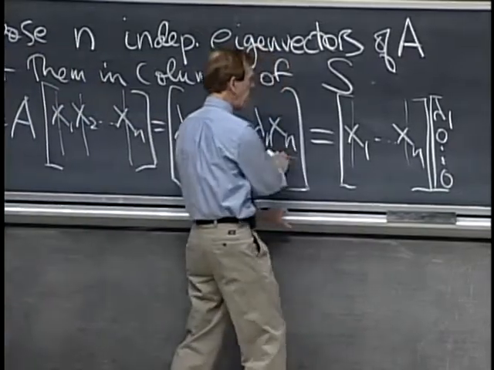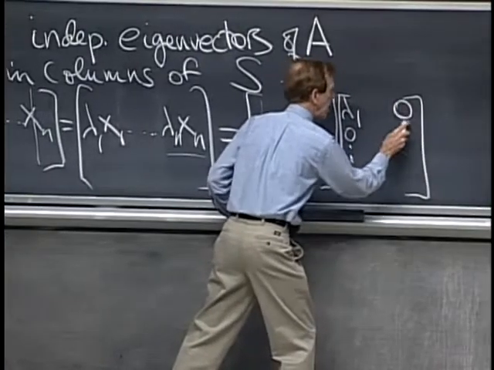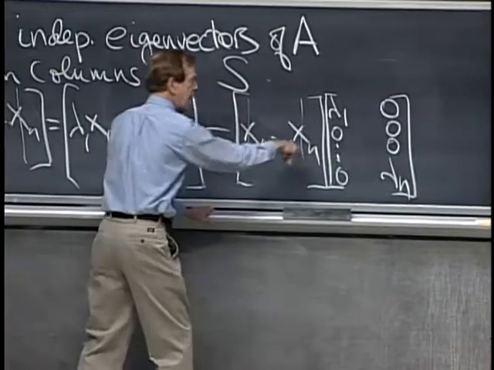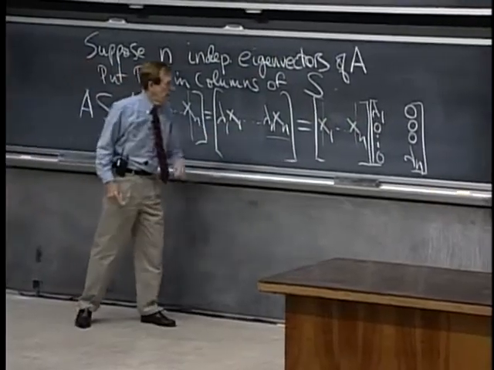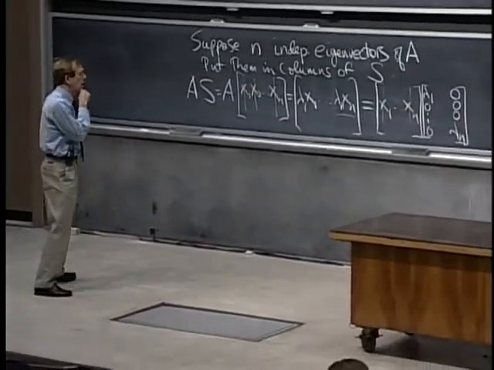Well, I'll take the last column, use these coefficients, put the lambda n down there, and it will multiply that nth column and give me lambda n xn. There you see matrix multiplication just working for us.